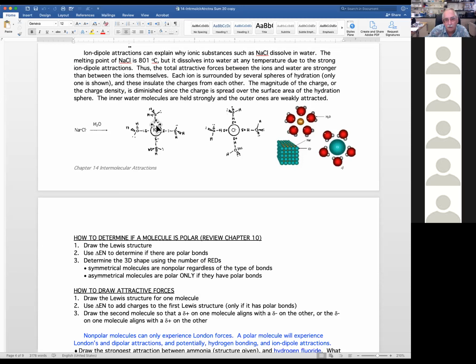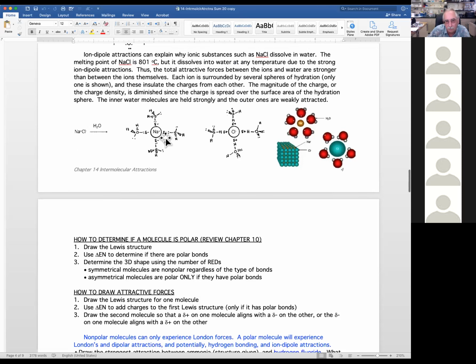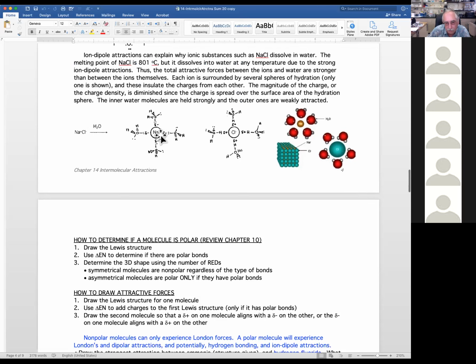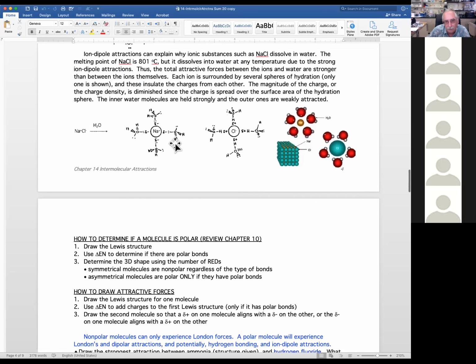The sodium ion becomes surrounded by a layer of water molecules called the hydration sphere. And you can see the partial negatives are pointing towards the full positive charge over here. But what you have on the surface of the sphere is all the partial positives from the hydrogen part, right?